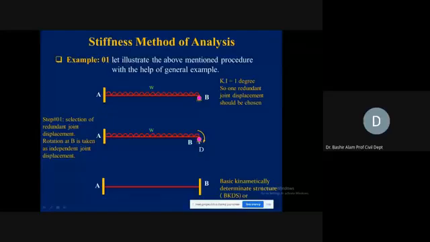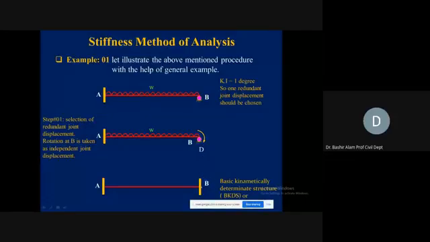It was already able to stop the translation in the vertical direction, and because of this member, it was able to stop it in the horizontal direction. Only rotation was free. So we are preventing only this rotation, and here we put a fixed support. The basic kinematic determinate structure will look this way.